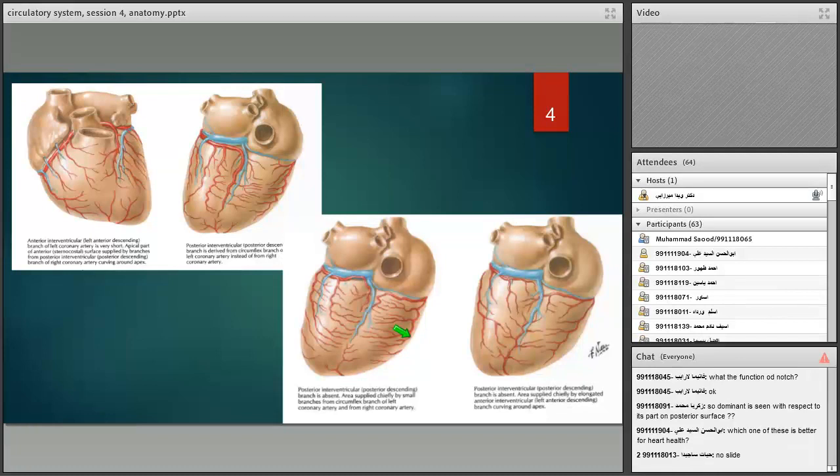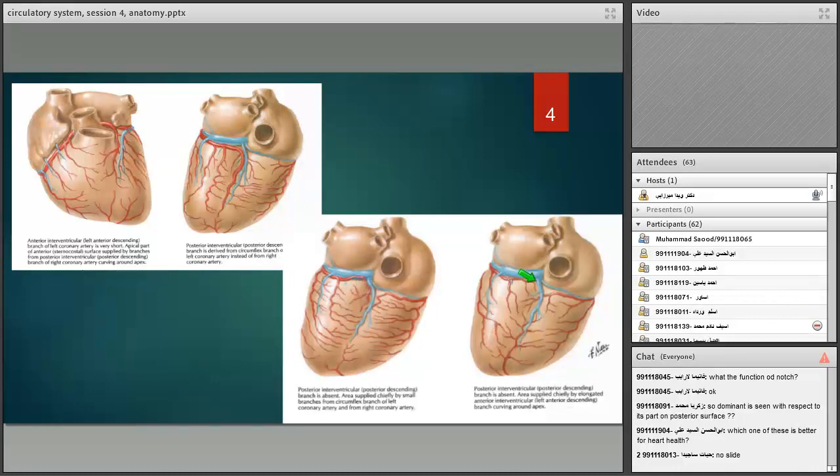I said the typical form is that the anterior interventricular turns around the apical notch and anastomoses with the posterior interventricular, but there is no difference. The most typical form is that form, but there is no difference because all the branches are supplying the blood, for example, if a vessel is absent like this.